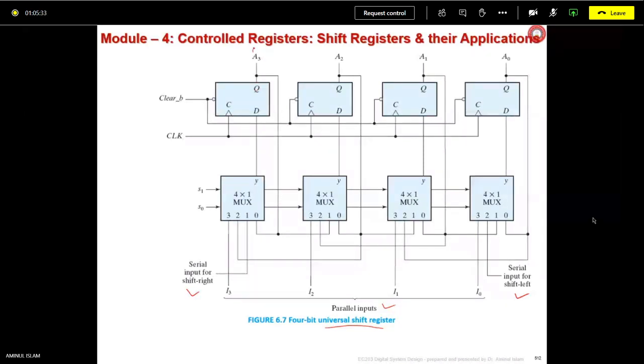So serial in, parallel out, parallel in, serial out, left shift, right shift, all functions can be realized. All possible operations can be performed using this multiplexer based shift register, or universal register rather. Should I explain, or can you understand?